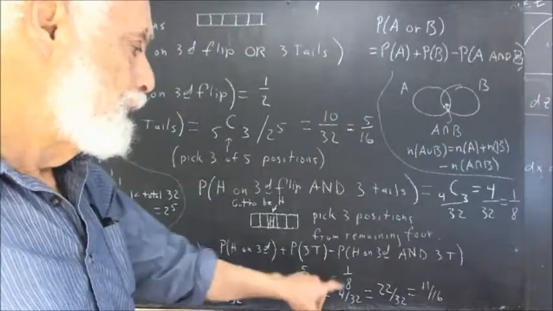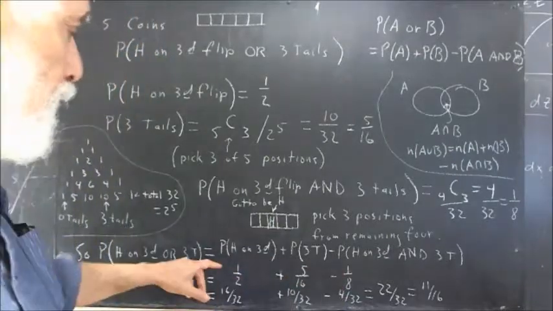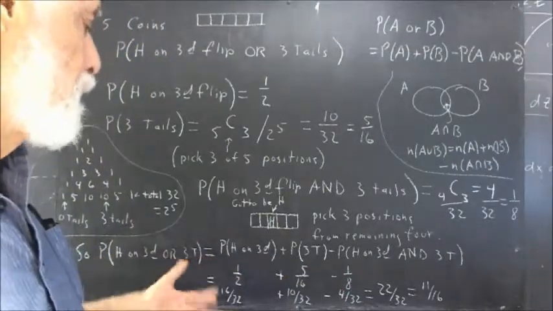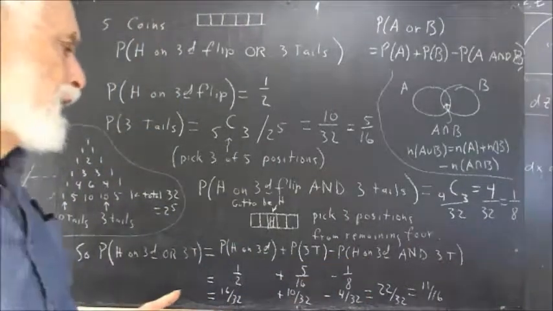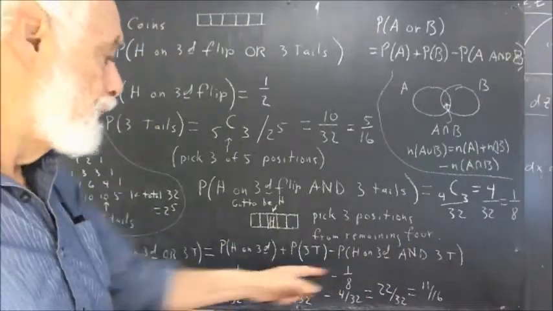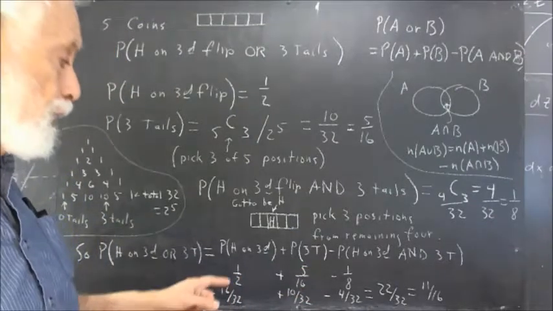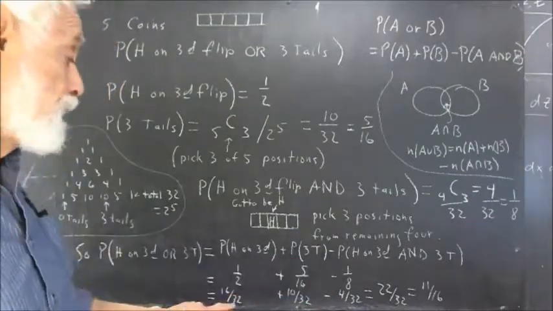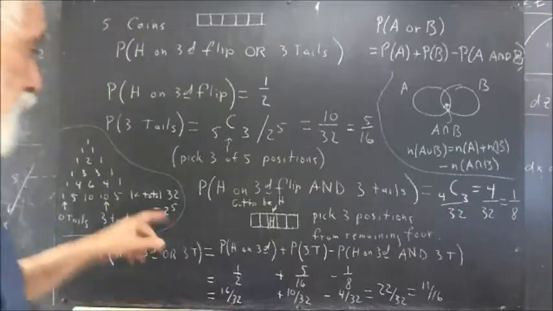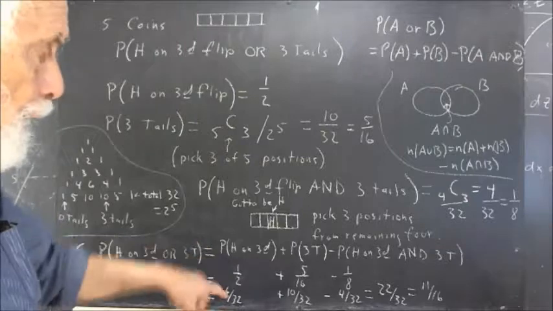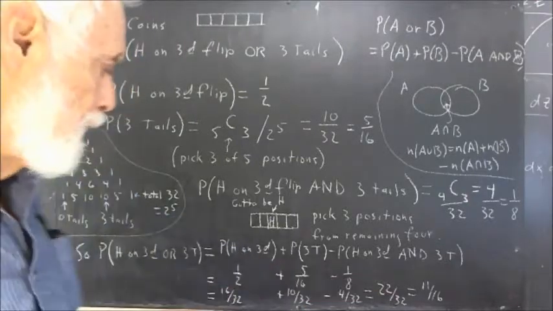Okay, and we're going to subtract the 1/8. So 1/2. Now to do these fractions, we put them over a common denominator, and naturally 16 would be the least common denominator. That's what you would usually use in just calculating this, but I've chosen to use 32 as the common denominator just because that's the number of elements in the sample space, so that these numbers are all going to be very familiar.